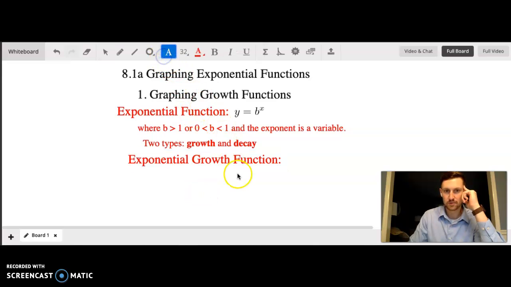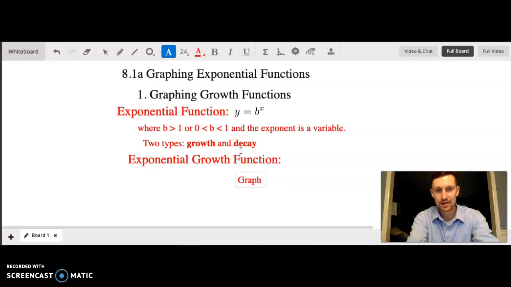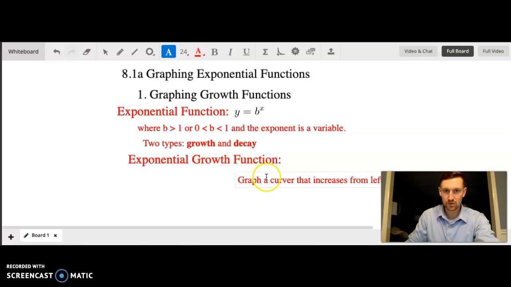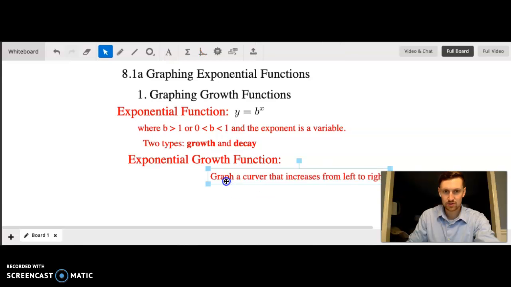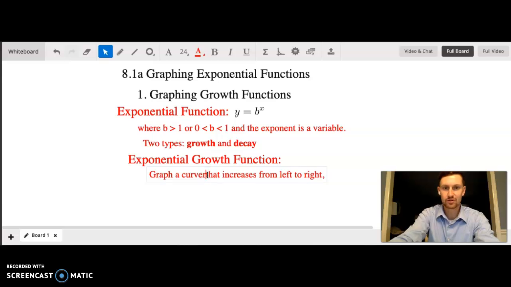Well, the first one is that it graphs a curve that increases from left to right.